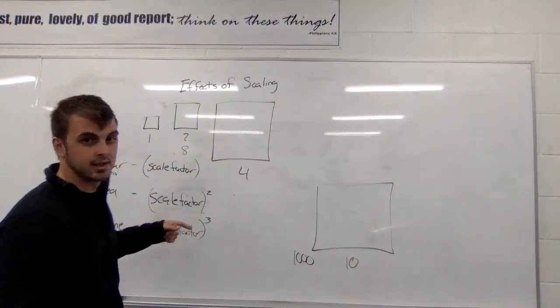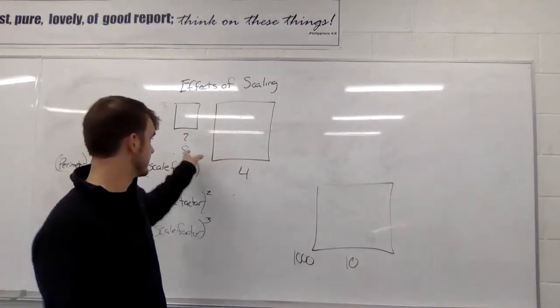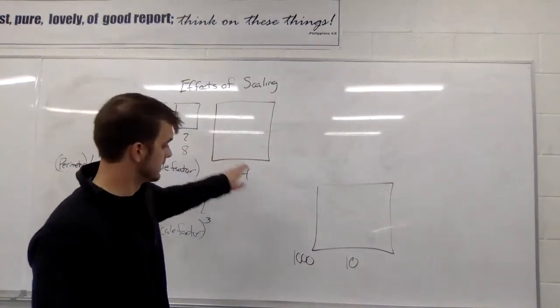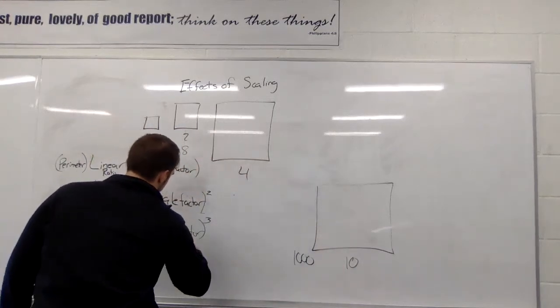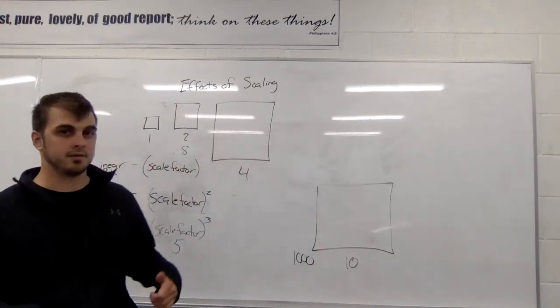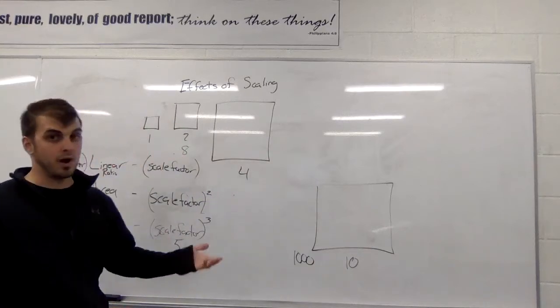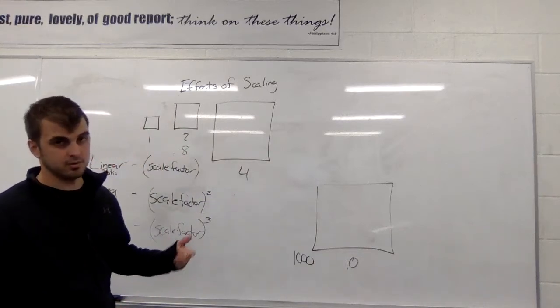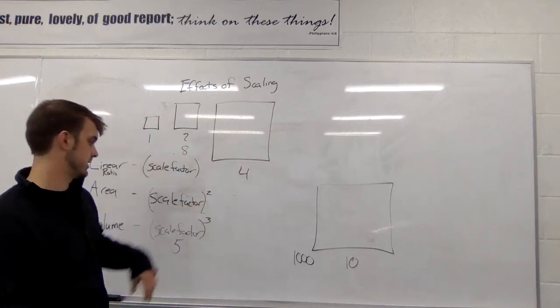What number do you have to multiply? It's times 5. So 2 times 5 gets you to 10. So your scale factor is 5. The scale factor is a word for just talking about how much it increases. If it's 1/2 or 2, you have to determine that. Going from one shape to another, what do you have to multiply?